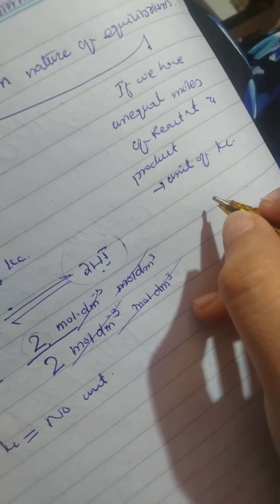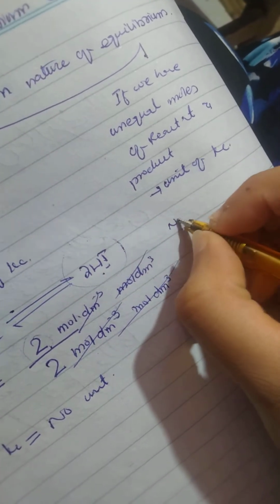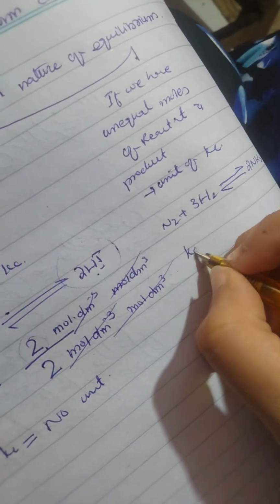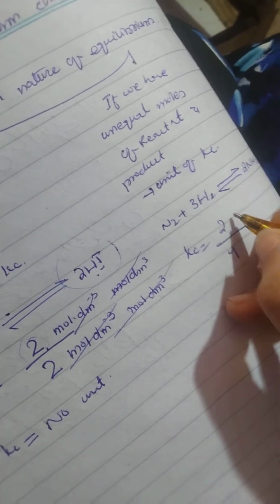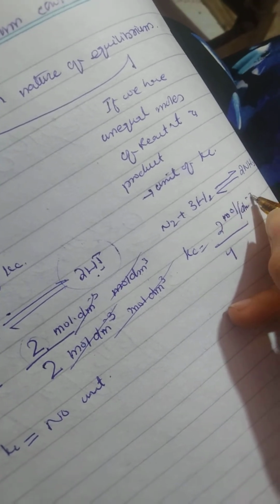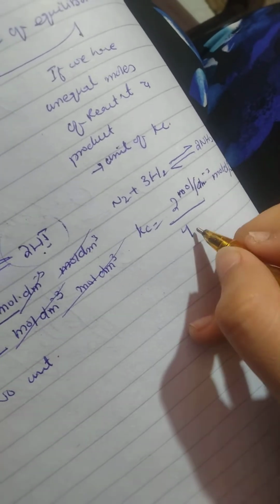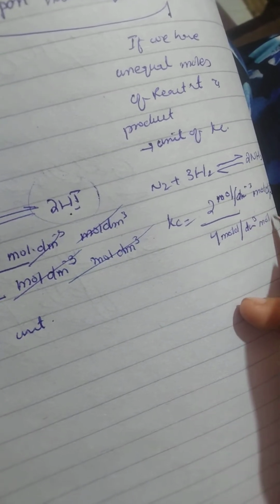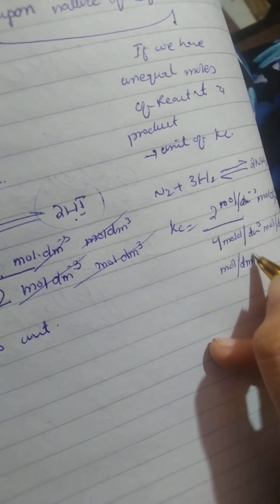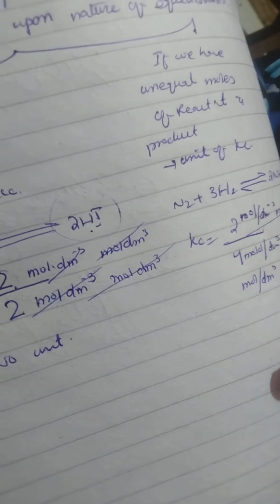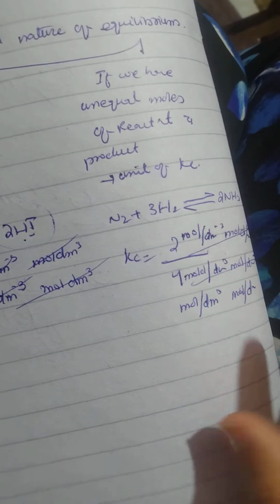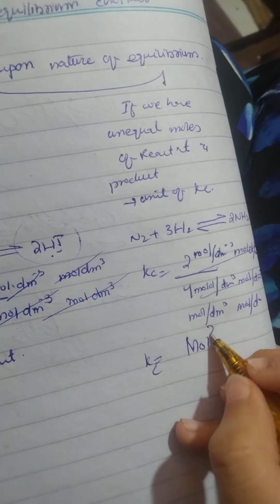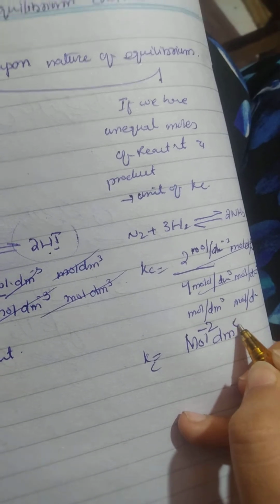Now let's look at the example of the Haber-Bosch process, which is nitrogen plus hydrogen forming 2NH3. Here Kc is equal to 2 moles over 4 moles, so we write mole per dm cube twice on top and four times on the bottom. The 2 mole per dm cube cancel out, and what is left is Kc equal to mole to the power 2 minus 4, dm cube to the power 6.